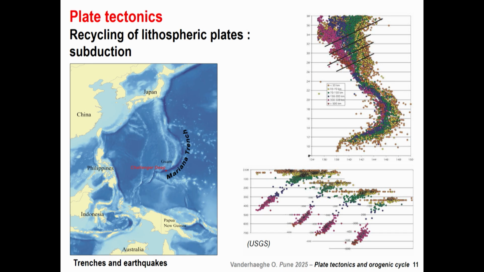You see here there's a diffuse zone of earthquakes on both sides of the plate boundary, and there's a localized zone of earthquakes which delimits the plate that is going down. So it's both. Along convergent plates, you have diffuse zones of earthquakes and deformation at the surface, but also localized at depth, with some holes in there.